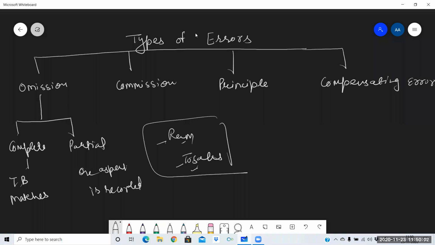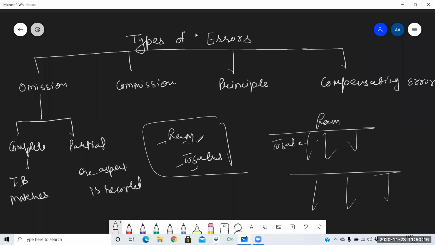But if only one aspect is recorded, posted, like we have posted the transaction in Ram's account, Ram account on debit side to sales, either this or we have posted only in the sales account, sales account credit by Ram. So you can see that the transaction is having debit aspect and credit aspect, and in error of partial omission, we have forgot to record one aspect.